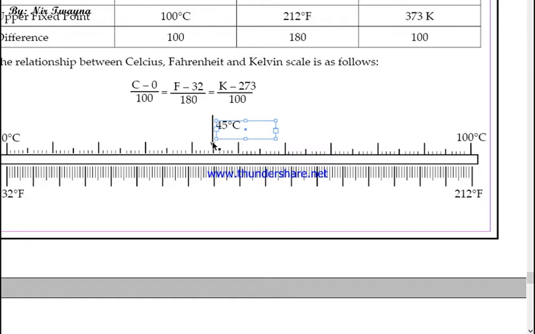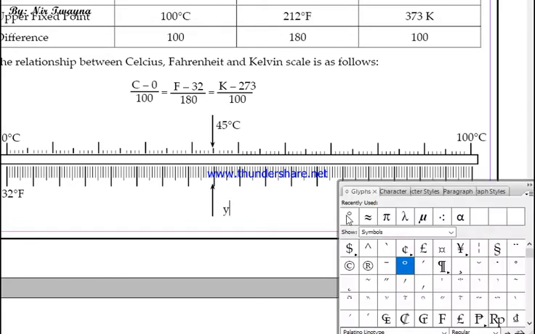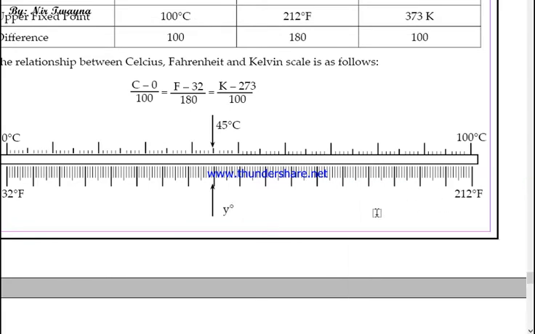And exactly at 45 degrees Celsius, what would be the temperature in Fahrenheit scale? Let's say it is Y degree Fahrenheit.